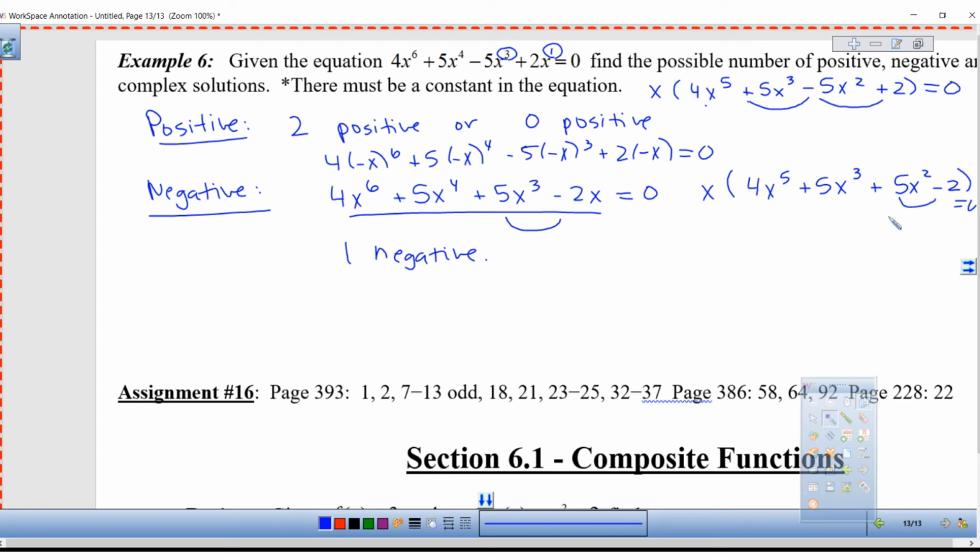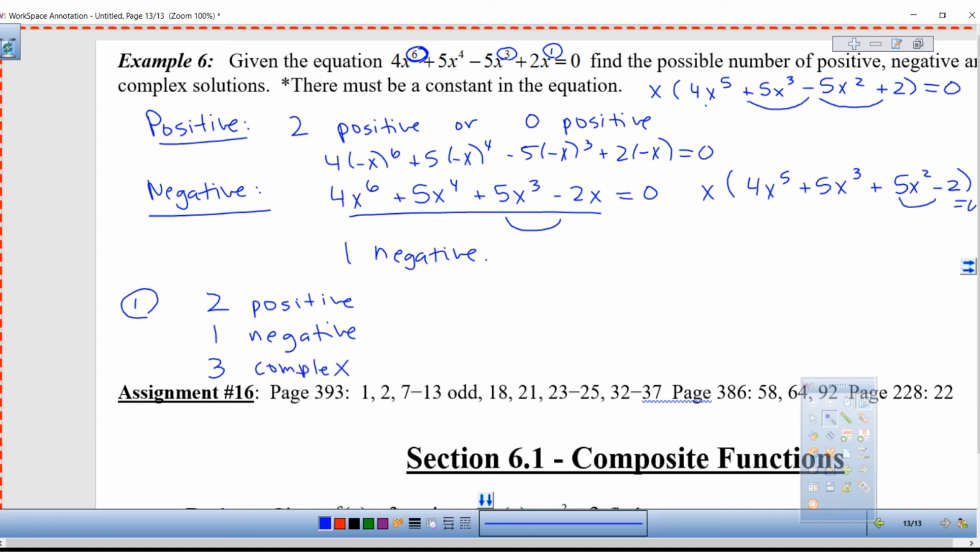Okay, so here are your options. I know I'm going to have 6 solutions. So you could have 2 positive, 1 negative. How many would be left? That would be 3 complex.